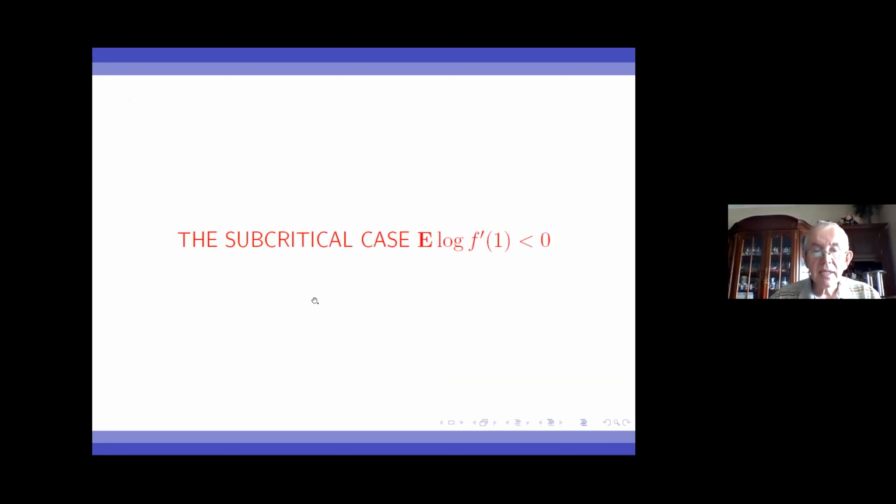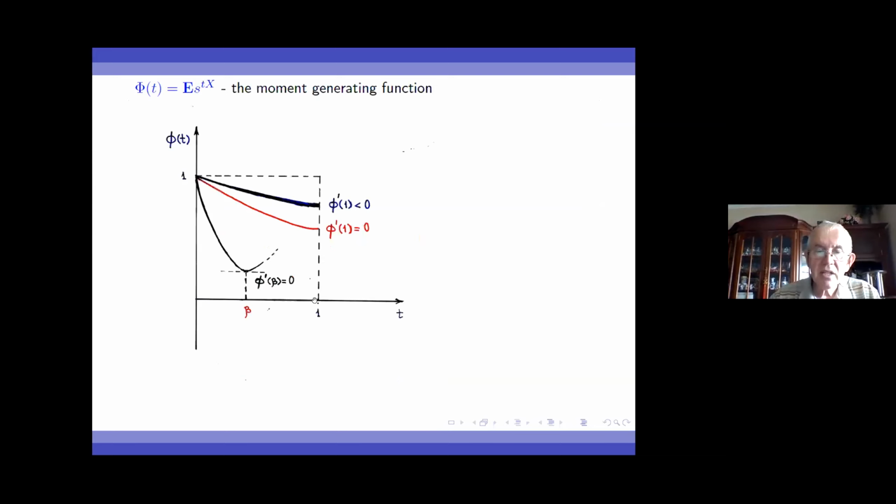There are, of course, other situations. So the subcritical case. In this case the situation is more involved, because for a subcritical branching process in a random environment, the behavior of the moment generating function at moment 1 is also of importance. And depending on the sign of the derivative, we will have absolutely different phenomena.